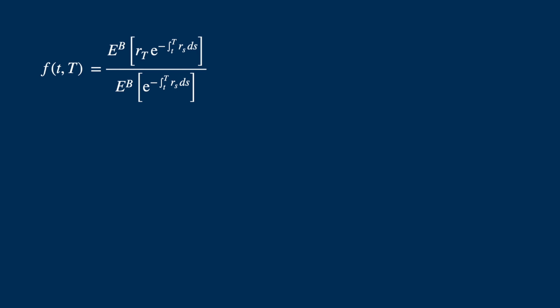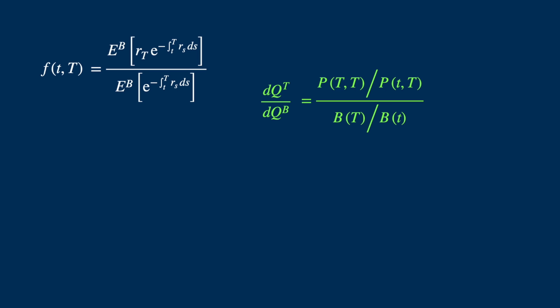and to see it more clearly, let's recall that the Radon-Nikodym derivative of the measure T with respect to the measure B can be written as follows. So this is just the ratio of the ratios of the asset prices, right? And we know the zero coupon pays 1 at maturity, and we can simplify the ratio by moving the terms in the denominator upstairs. And we then recall the relationship between the values of the bank account at two times and substitute it here.